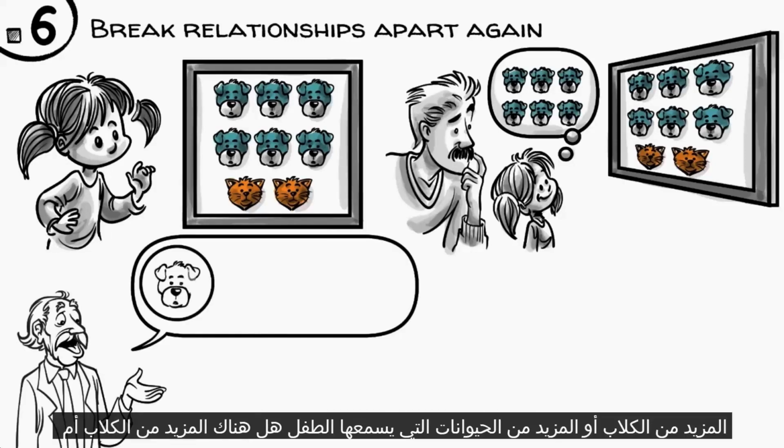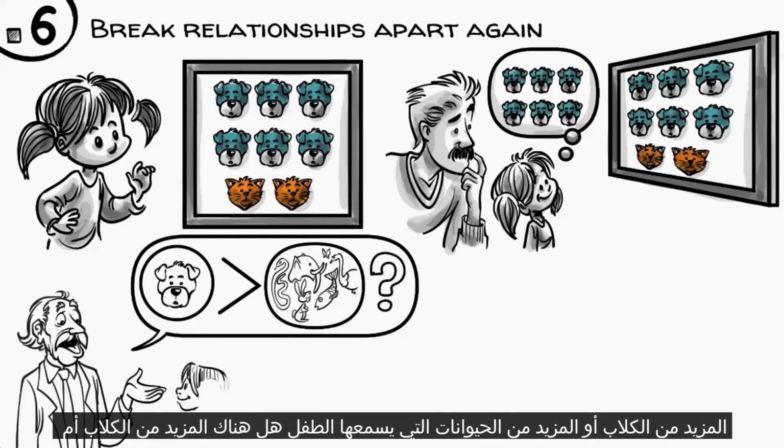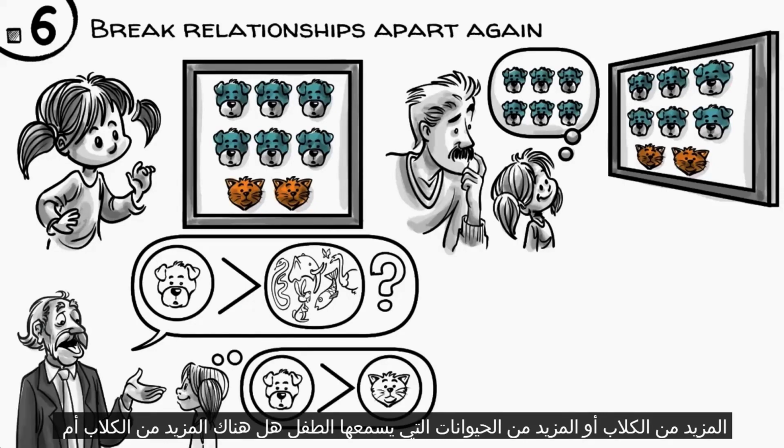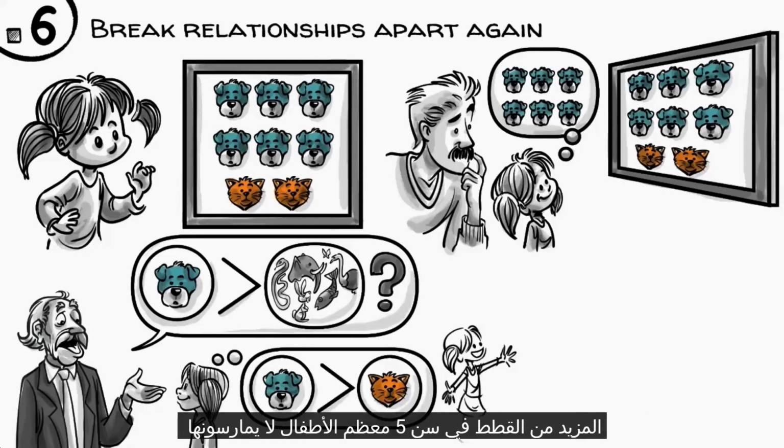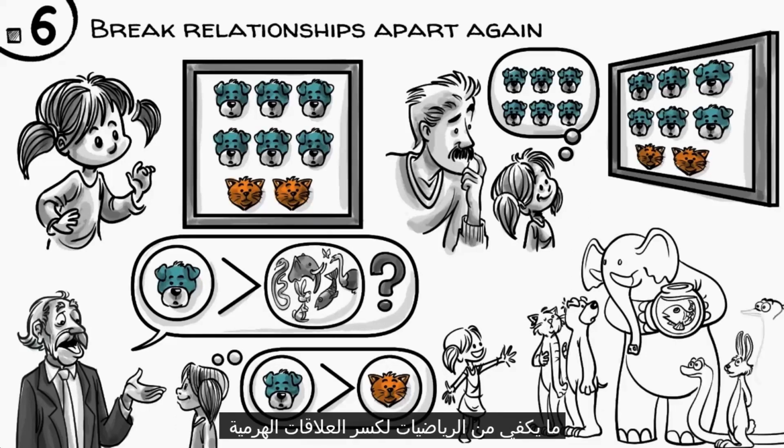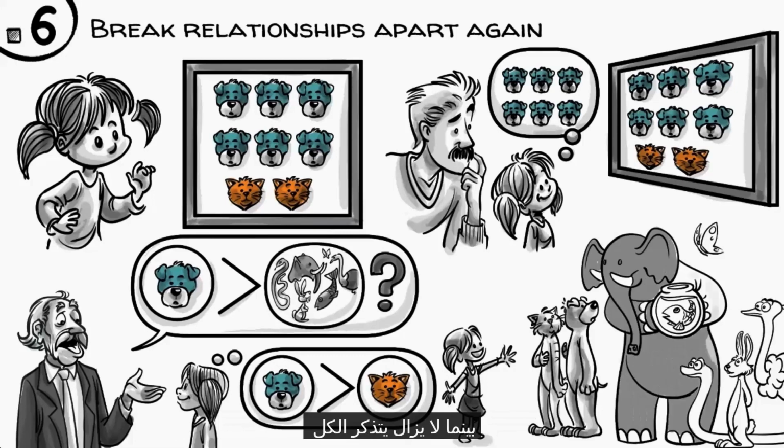In other words, if you ask, are there more dogs or more animals, the child hears, are there more dogs or more cats? At age 5, most kids didn't practice enough math to break hierarchical relationships apart while still remembering the whole.